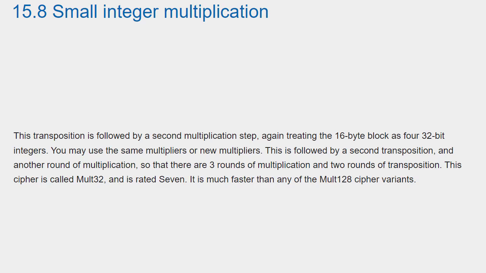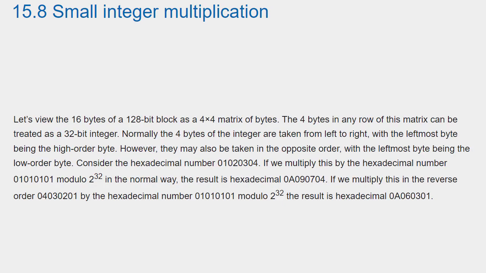You may use the same multipliers or new multipliers. This is followed by a second transposition and another round of multiplication, so that there are 3 rounds of multiplication and 2 rounds of transposition. This cipher is called Mult32 and is rated 7. It is much faster than any of the Mult128 cipher variants.